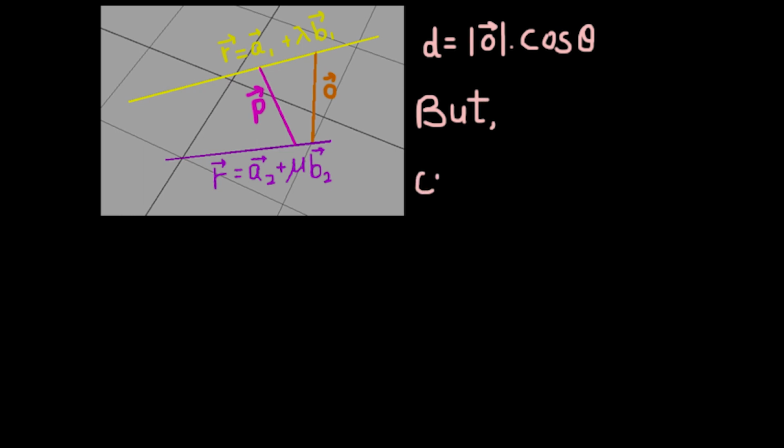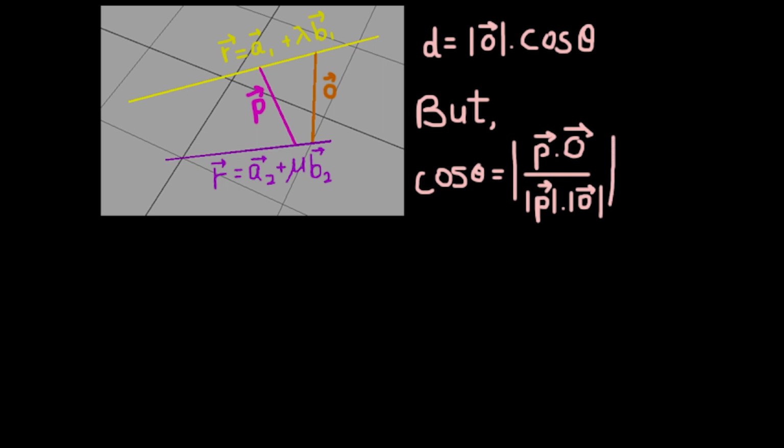In a sense, that would mean that our distance D would be the magnitude of the orange line segment, O, times cos theta, where theta is the angle between O and P. But from dot product, we can say that cos theta is equal to the dot product of O and P divided by the product of the magnitudes of O and P.